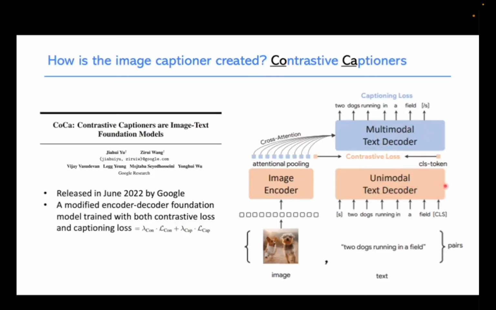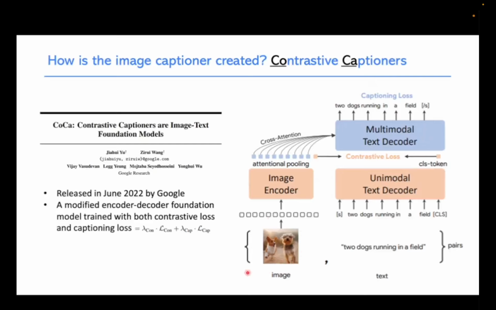We only have the self-attention on the text. By using this kind of structure, the model can not only understand the global meaning of the image and the text, but also generate the captions using the image output.